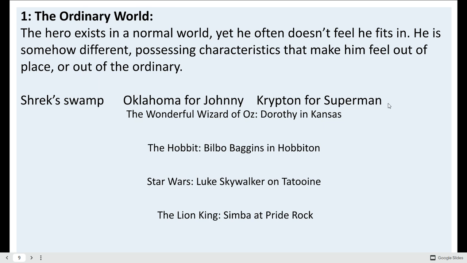Krypton from Superman. The wonderful Wizard of Oz. So Dorothy's in Kansas and she's very unhappy there. And then, of course, Shrek's swamp.